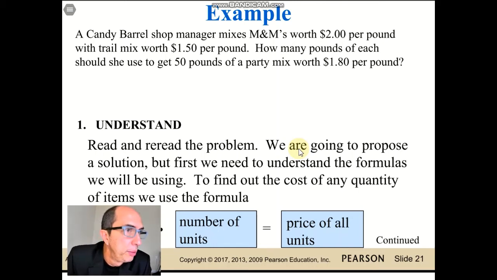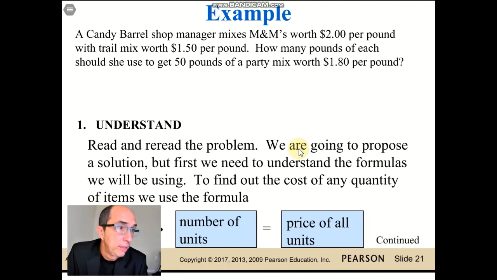In this problem, first step, we have to read and reread in order to understand. I'd like you to try to explain the problem to yourself using your own words.